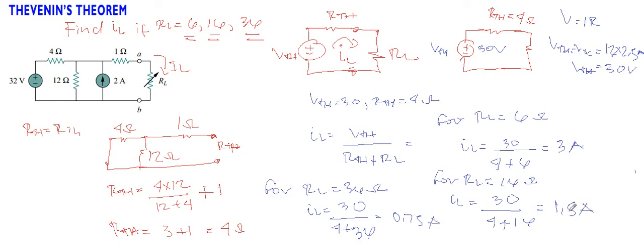And that's all. That's how easy Thevenin's theorem is, if what we have is only independent sources. But what if there is a dependent source in the circuit? We will give another example for that scenario.